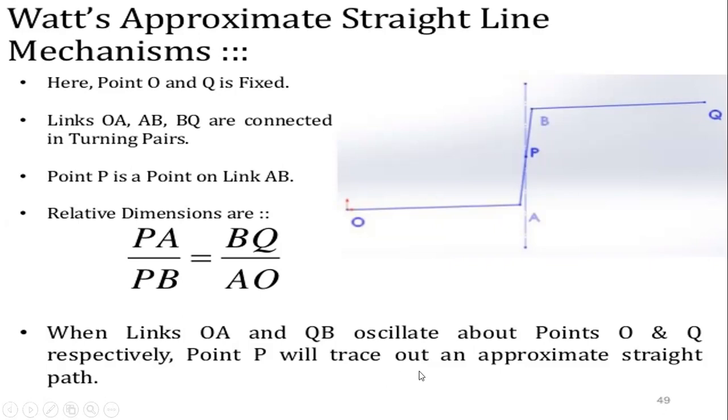Point P will trace out an approximate straight line path, which is perpendicular to the directions OA and BQ. So an approximate straight line is formed. Here we are nowhere saying it is a perfect straight line. As said in the earlier mechanisms, a perfect straight line does not exist anywhere; here everything is an approximate straight line.